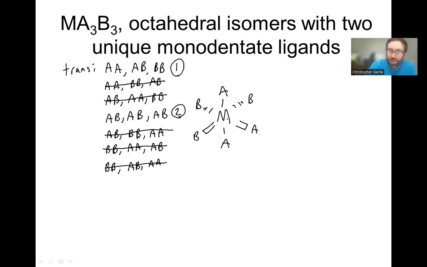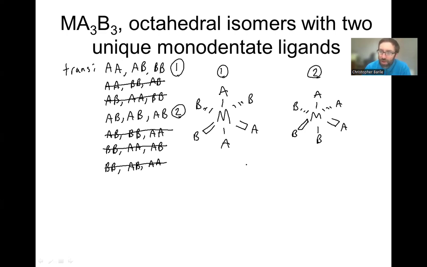So that's our structure number 1. Structure number 2 looks a little bit different. Now we have AB, AB, and AB across from one another. So we write an A and a B across from one another, an A and a B across from one another, and an A and a B across from one another. And these are our two isomers.